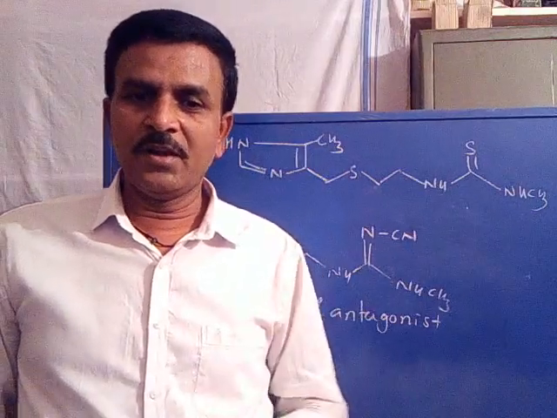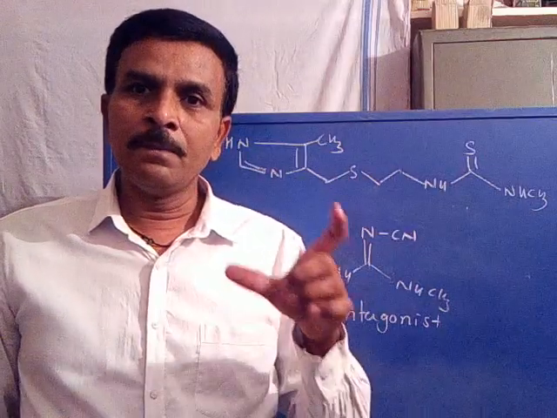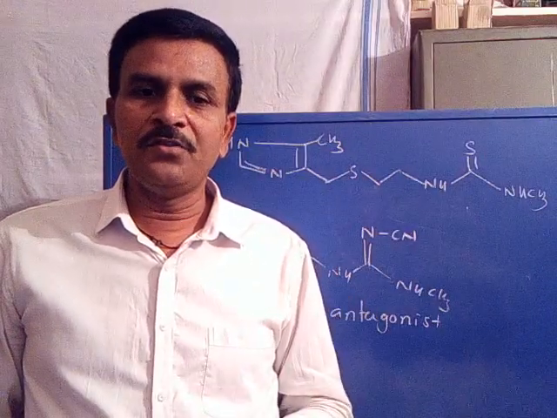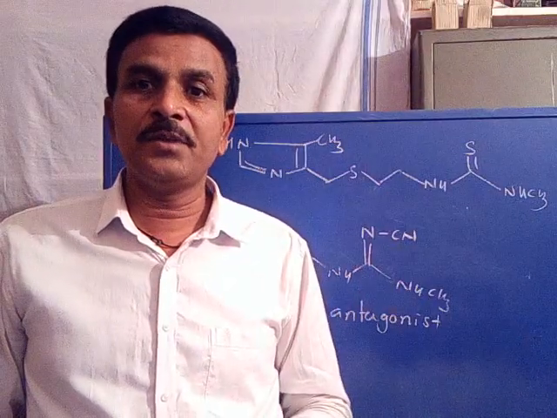Hence it was further modified into burimamide by extending the carbon side chain from 2 carbons to 4 carbons, where the antagonistic activity increased, but unfortunately its absorption is less.